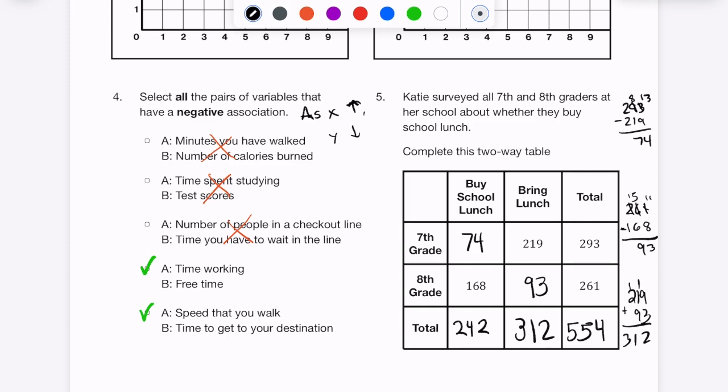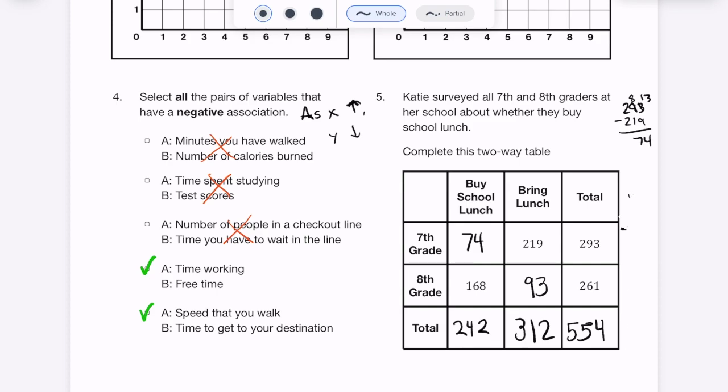So we have 554 students total. Of those, there's 293 7th graders, there's 261 8th graders, there's 242 people who buy school lunch, and there's 312 people who bring lunch. Okay, all right, beautiful.